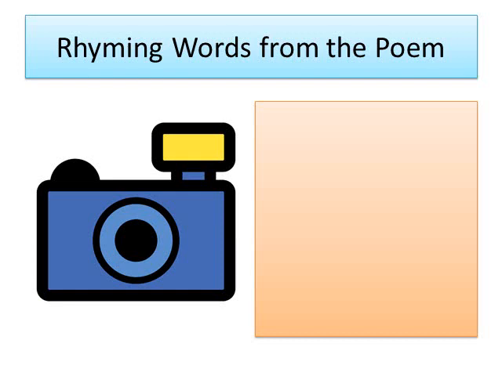Okay, I hope it must have been very easy. Please check your answers if you have found seas, these, please, and trees. These are the rhyming words in our poem.